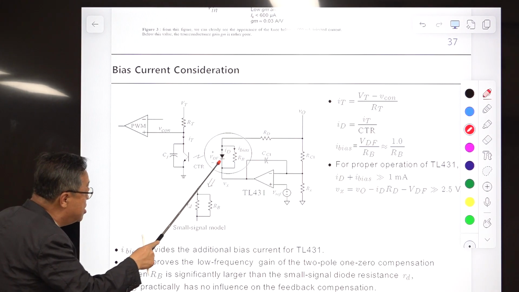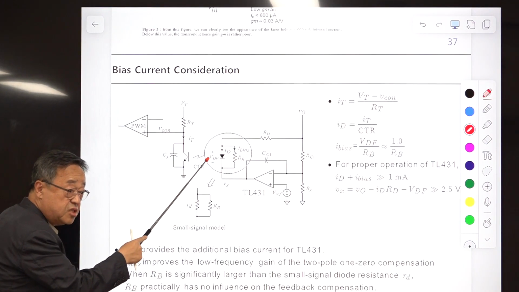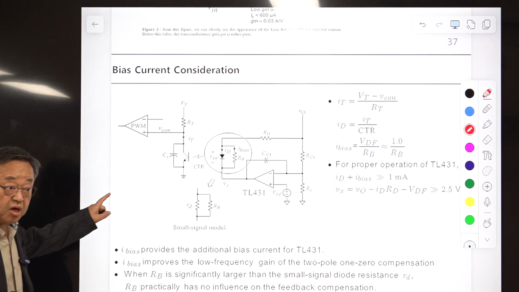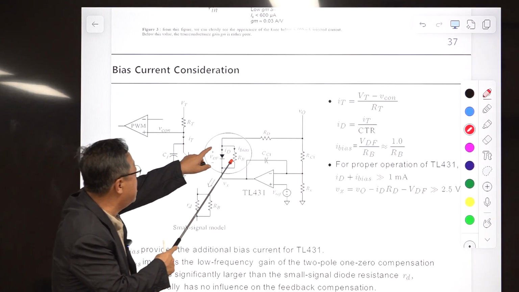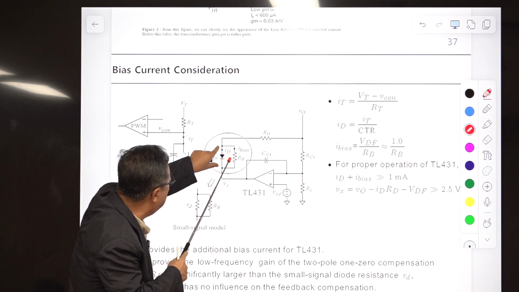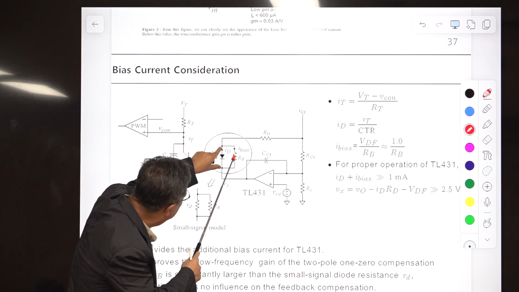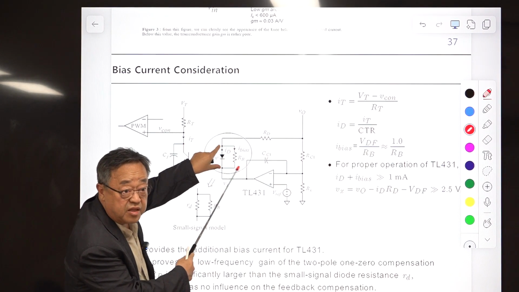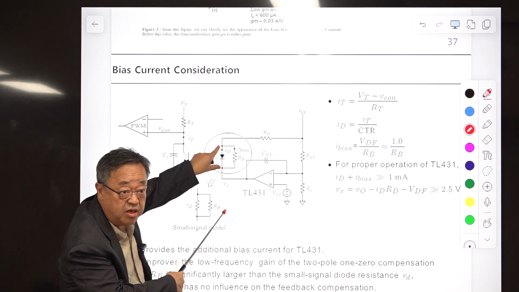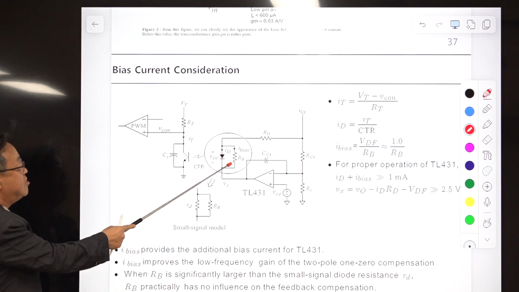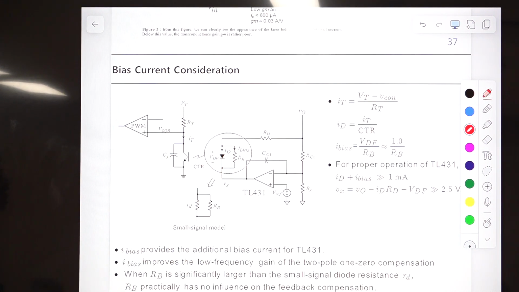That current is coming from this. This works as the voltage source, 1 volt. And this 1 volt divided by this RB is the current coming here, and current cannot go in this direction. Then the current is here. So you are providing some additional current, I bias.